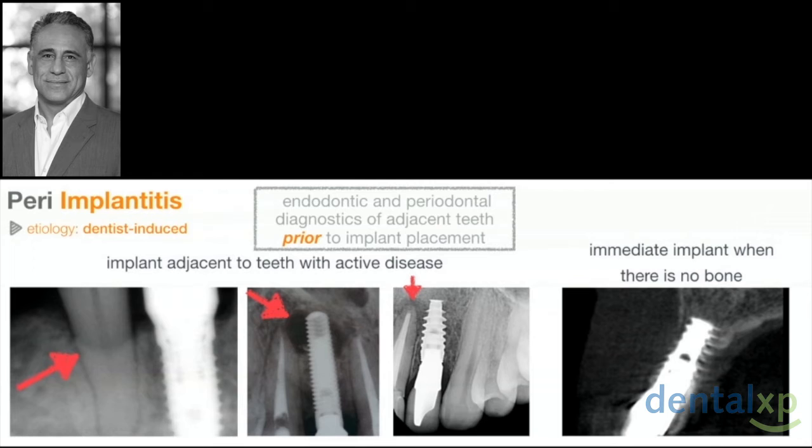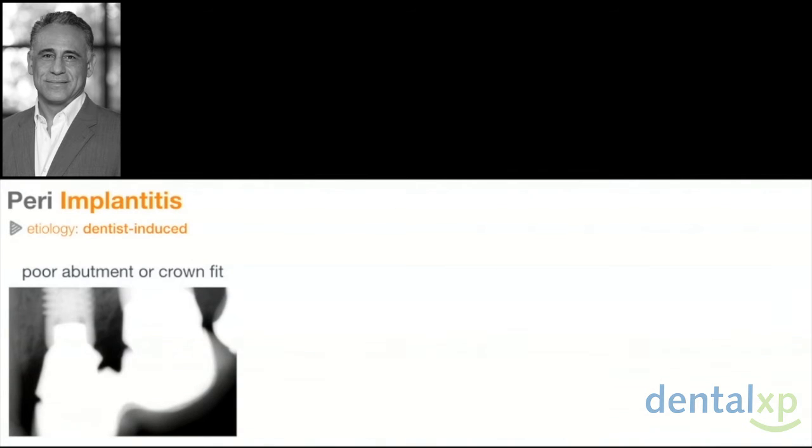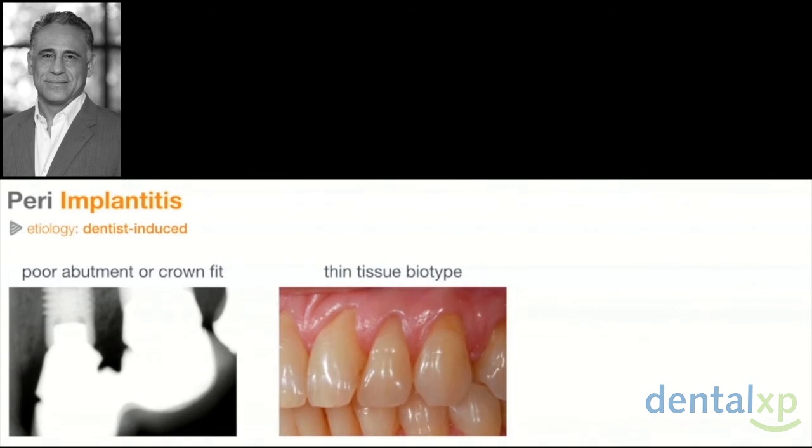Next category is immediate placement when there is no bone. We talked about the risk in inadequate bone and tissue with enhanced dehiscence, and of course what we discussed earlier. Poor abutment and crown fit can increase the risk of inflammation around the implants. This mainly has to do with inability to deplaque the area, which can start mucositis and progress to deeper inflammation.